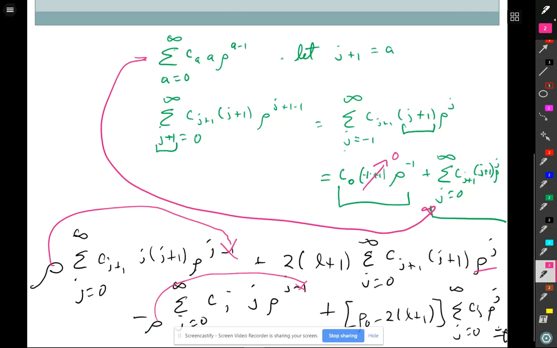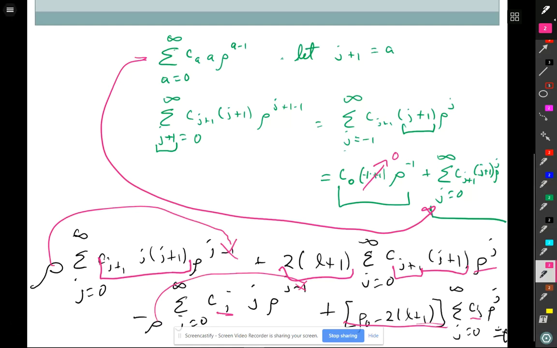So I just take a given j. I'm going to have this stuff here plus this stuff here, minus, because there's a minus sign there, this here, plus this stuff here in the C sub j has to equal 0.